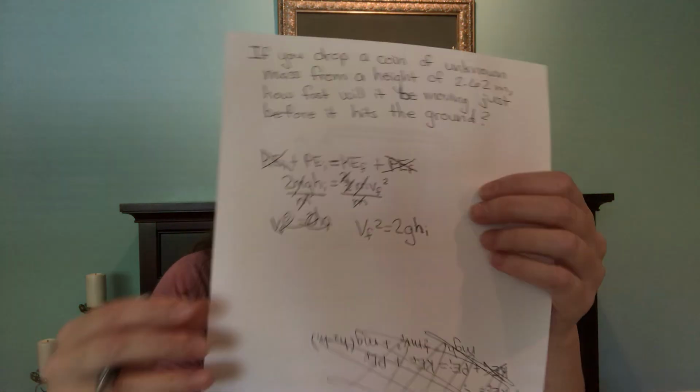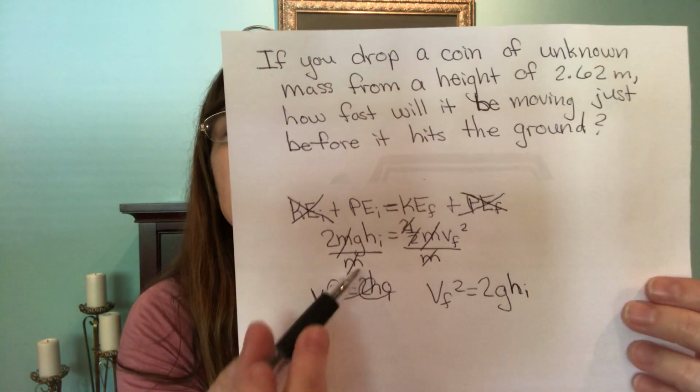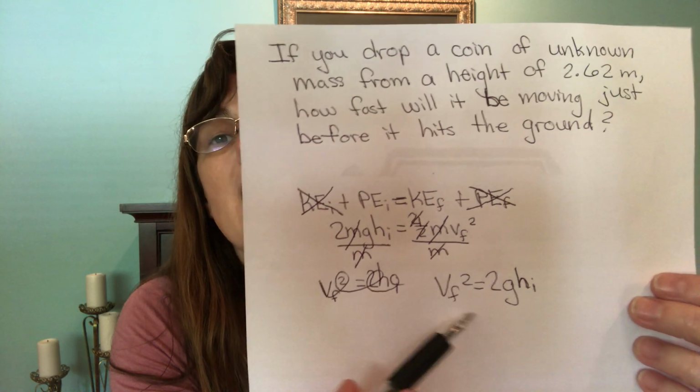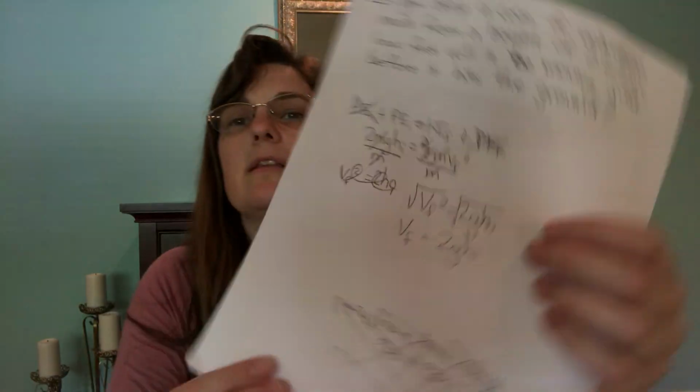H sub i, by the way. Okay, so there we go. That was scribbled out, this one right here. And then we need to get rid of the square part by taking the square root. So take the square root of both sides. So you get vf is equal to the square root of 2g hi, or the initial height.